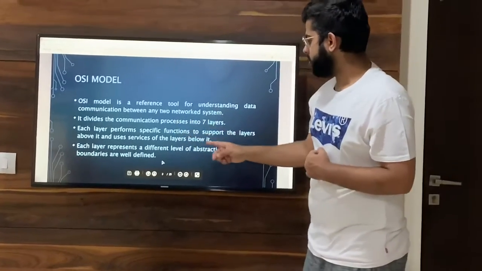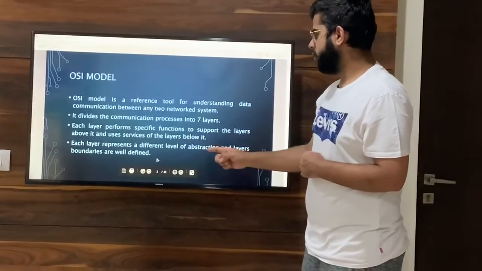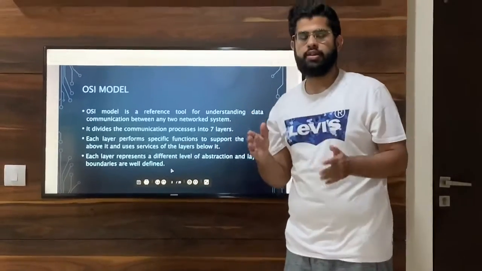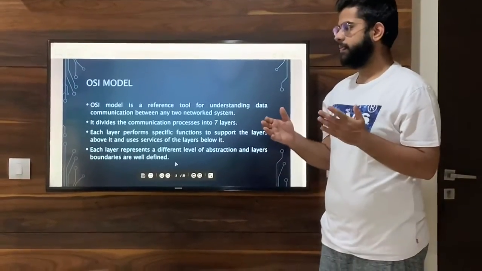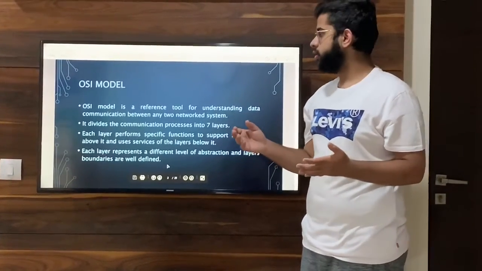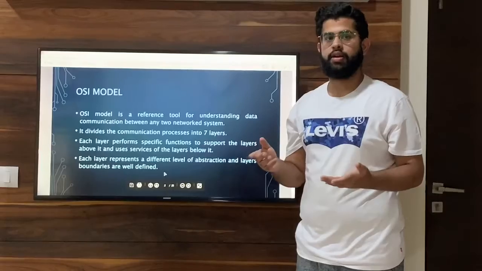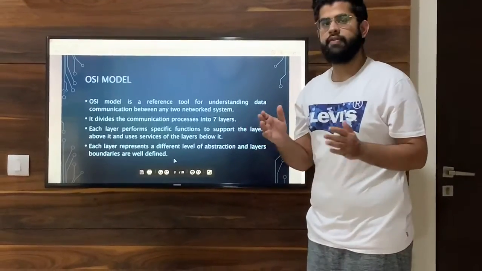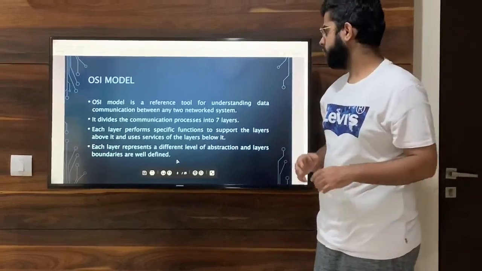Each layer represents a different level of abstraction, and layer boundaries are well defined. Each layer has its own specification. Accordingly, they work towards it, and the data that has to be taken and given to the upper layer is specified at every layer.